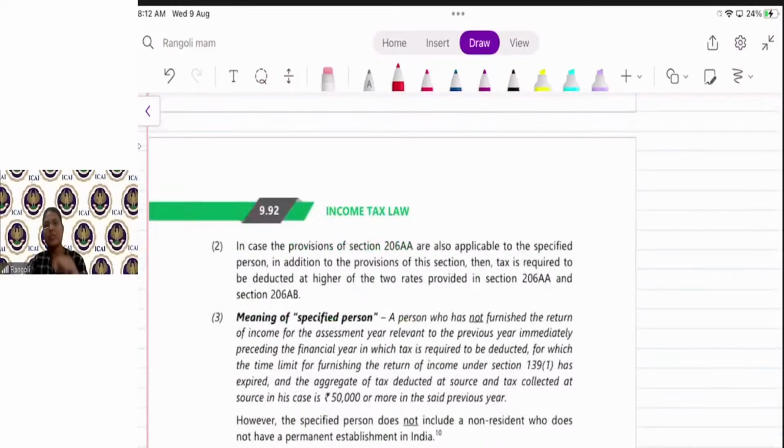If this section and section 206AA both are applicable, then you need to deduct TDS at the higher rate, whichever is higher, 206AA or 206AB.